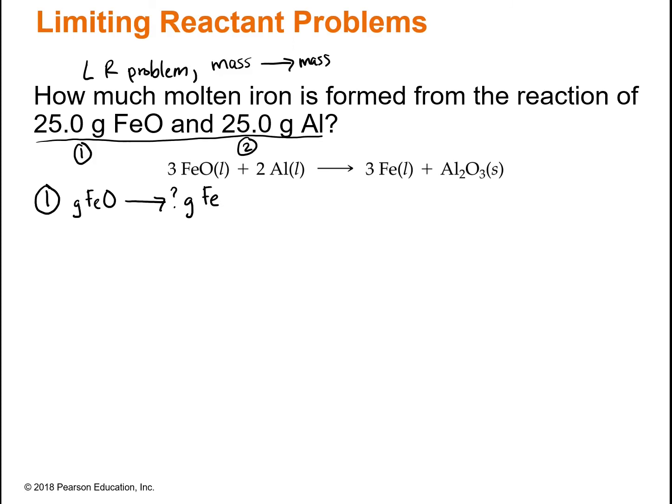We're going to need molar masses here. The molar mass of iron 2 oxide, you take the molar mass for iron and oxygen and you add those together. For iron, you just look at the periodic table.